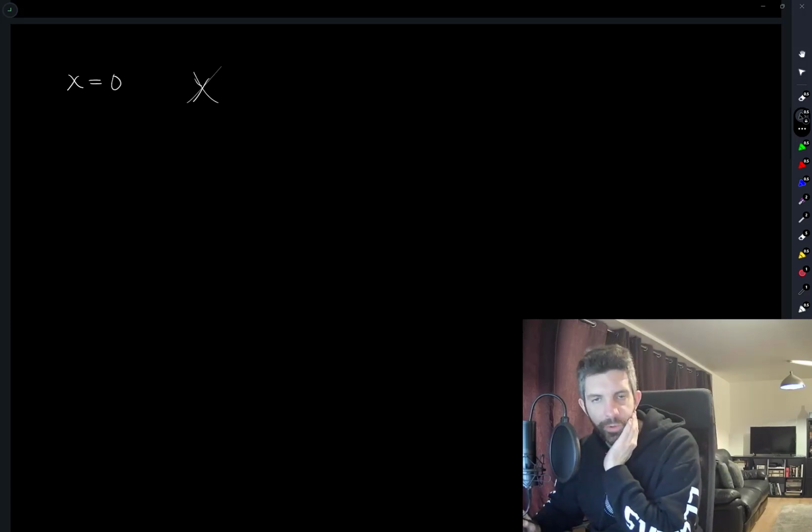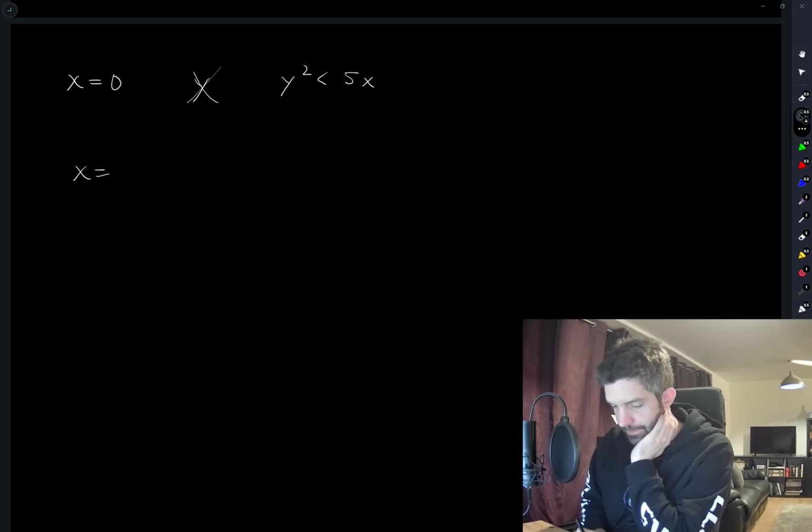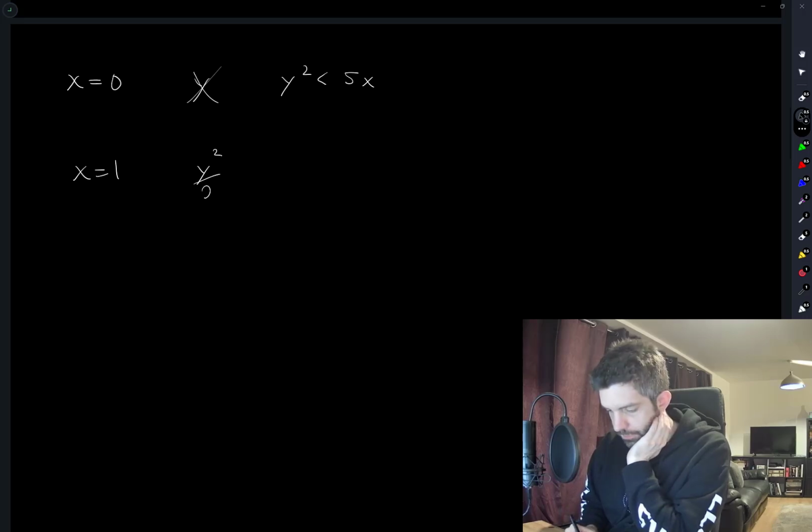When x is equal to 0, there are no values of y that satisfy the second inequality. When x is equal to 1, y squared over 20 has to be less than 1 minus 1 over 8, and y squared is less than 5.